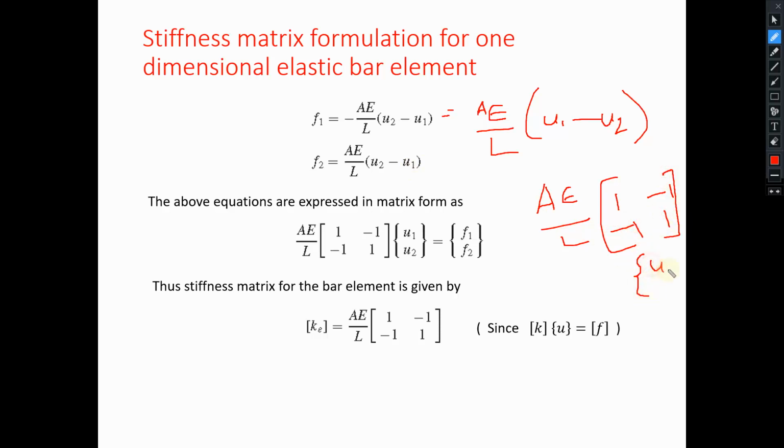That into U1 U2 we can write, and this will be equal to the force vector F1 and F2. So P എന്ന് പറയുന്നതാണ് ഇതിൻ്റെ വാല്യൂ. So the total force acting will be equal to AE by L into [1 -1; -1 1] into U1 U2. That will be equal to the force vector represented by F1 and F2. F1 എന്ന് പറഞ്ഞാൽ force acting at node 1, F2 എന്ന് പറഞ്ഞാൽ force acting at node 2.